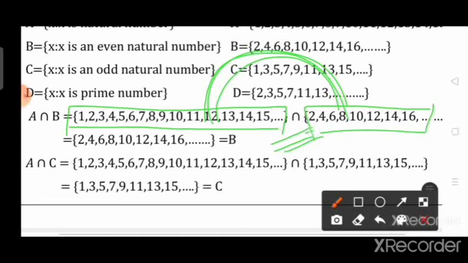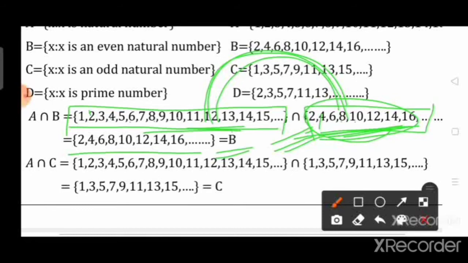See here, 2 and 2, 4 and 4, 6, 6, 8, 8, 10, 10, like that. All elements in B are in A also. So these elements are common elements, and that is why you have to write all these elements here.